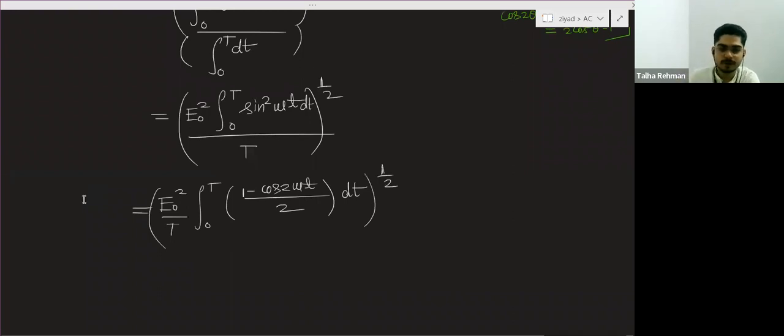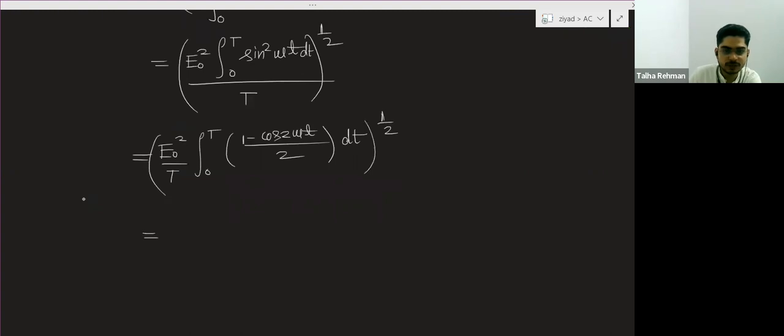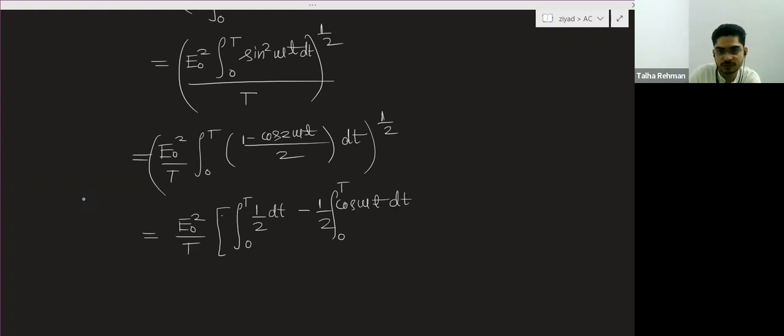After that, this is E naught square by T, and this can be written as the integration from 0 to T of half dt minus half of cos 2 omega t dt.